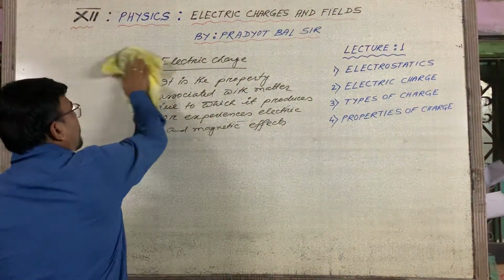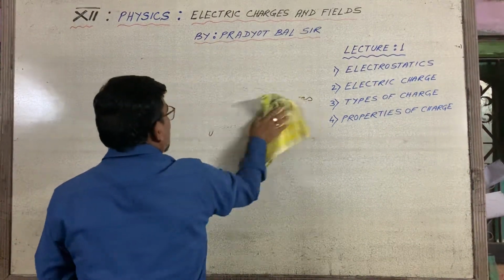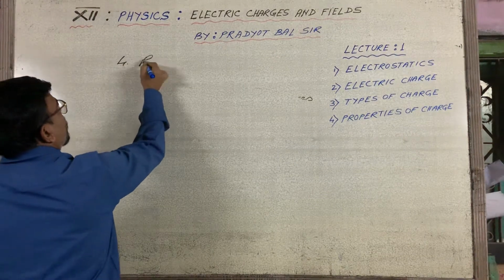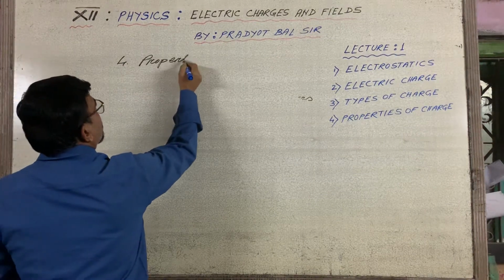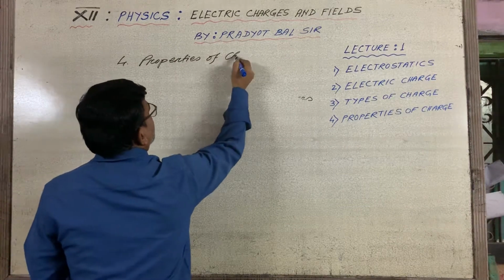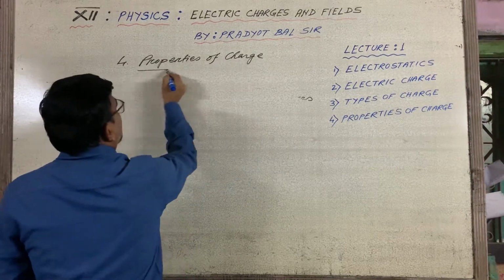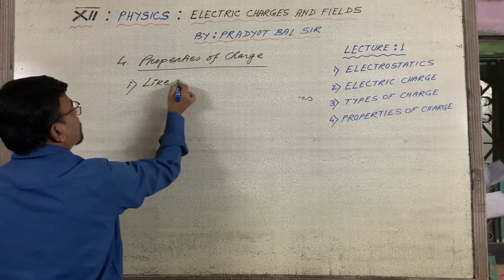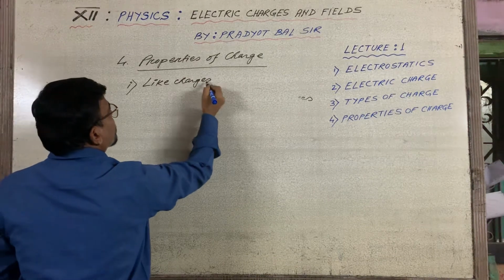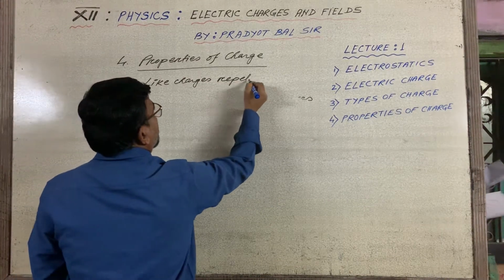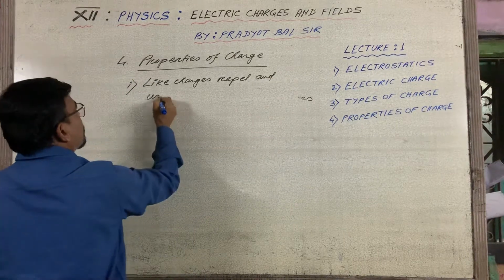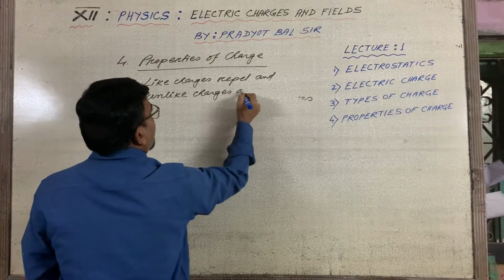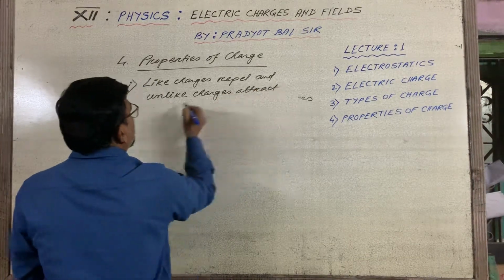Next point, properties of charge. Whenever I discuss the properties of charge, you write the heading number 4, properties of charge. Property number 1: like charges repel and unlike charges attract each other.